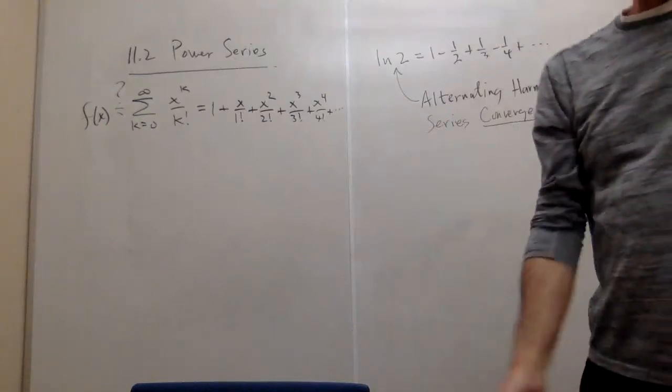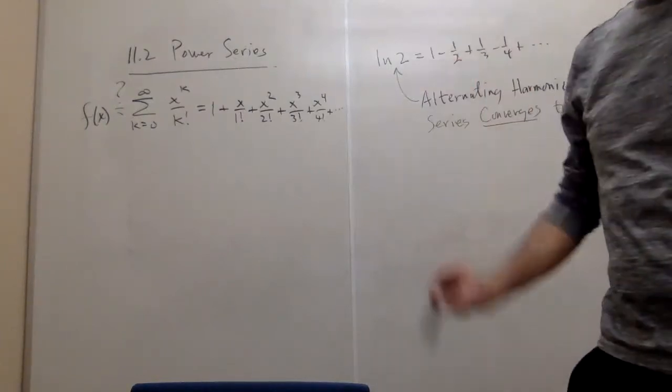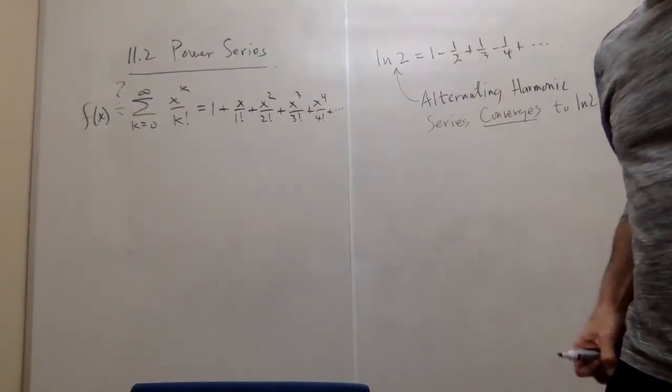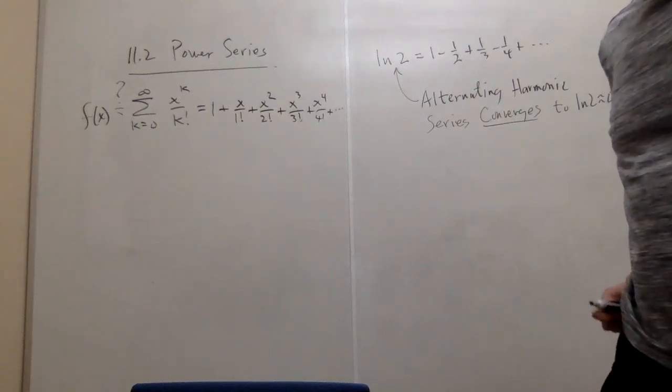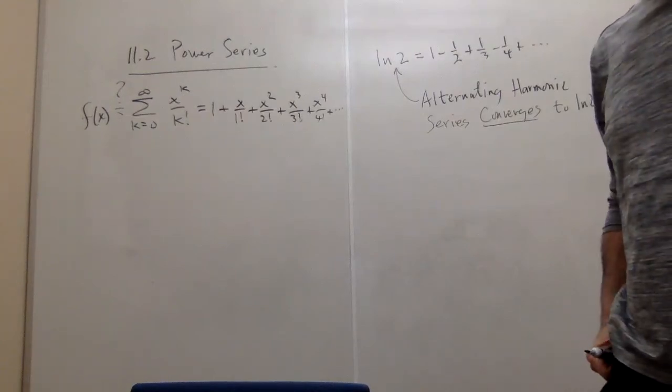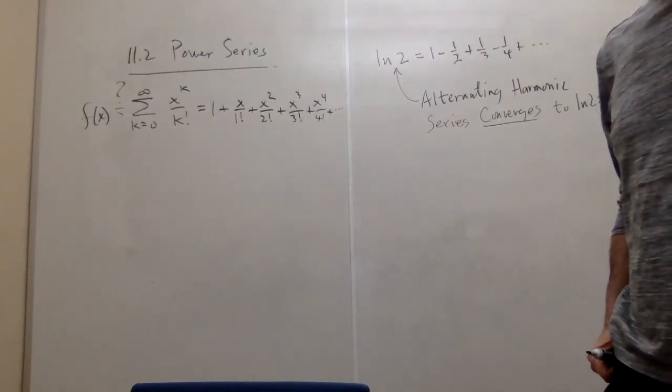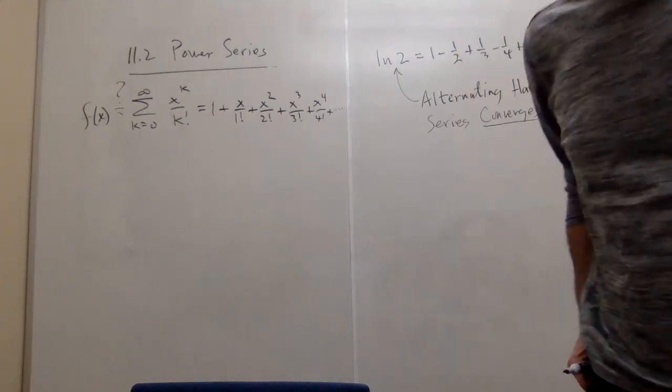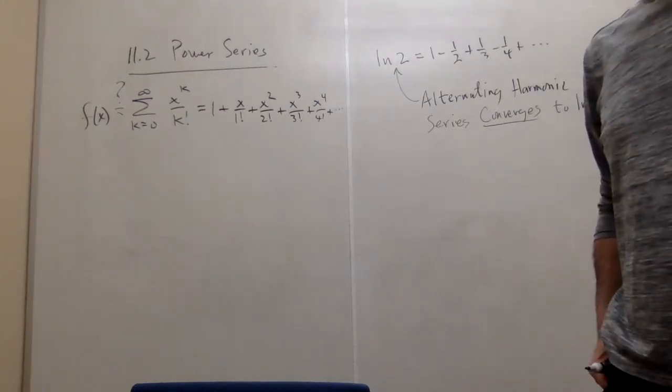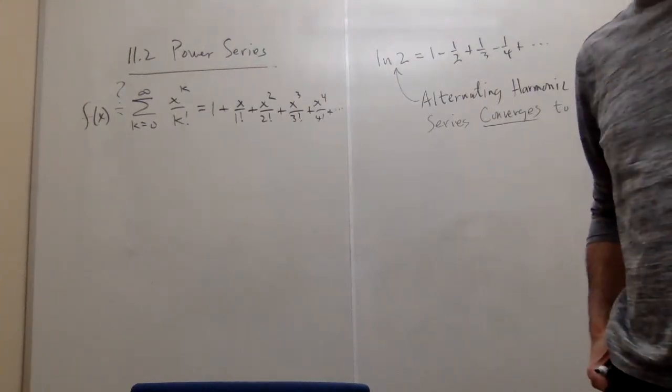Earlier in this video, I gave this very series as an example of a power series for which R is infinity. That is, it converges for all x. I didn't prove it then, and I'm not going to prove it now. I'll tell you that if you want to prove it, use the ratio test.